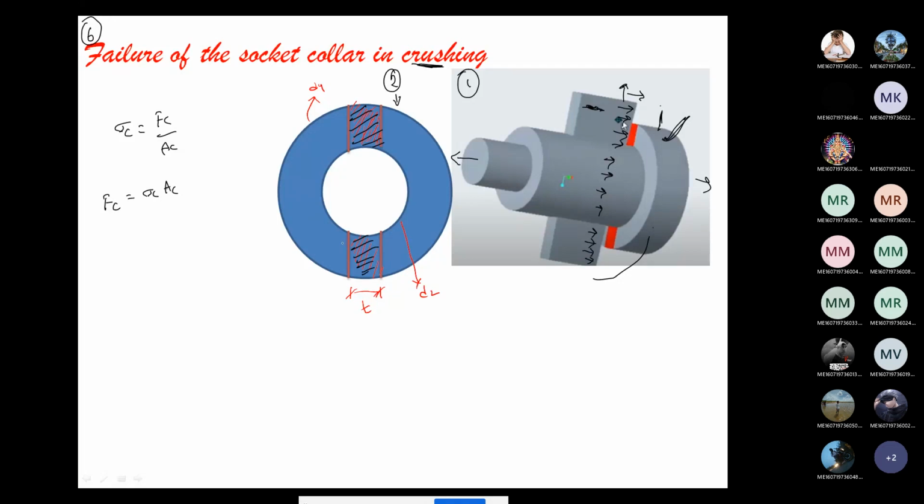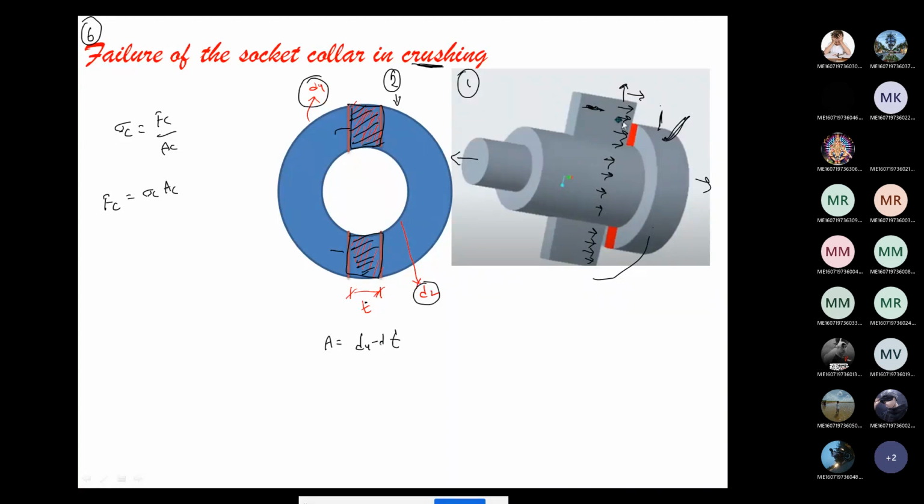So the failure area, here D2, and this is the outer diameter D4. Only this particular rectangle and this particular rectangle I need. This one I know is T, this one I know is T, but I don't know this width value. To get this, I am subtracting D4 minus D2.